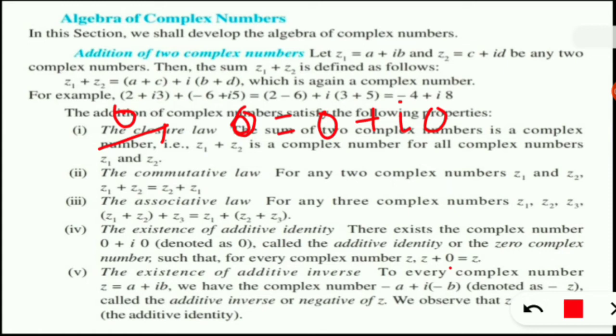Suppose the given complex number is z, and if we add 0 with z, then z plus 0 equals z.